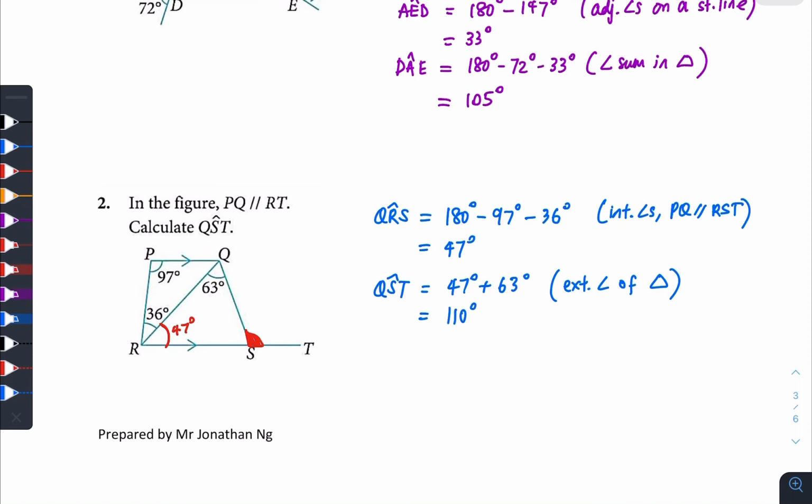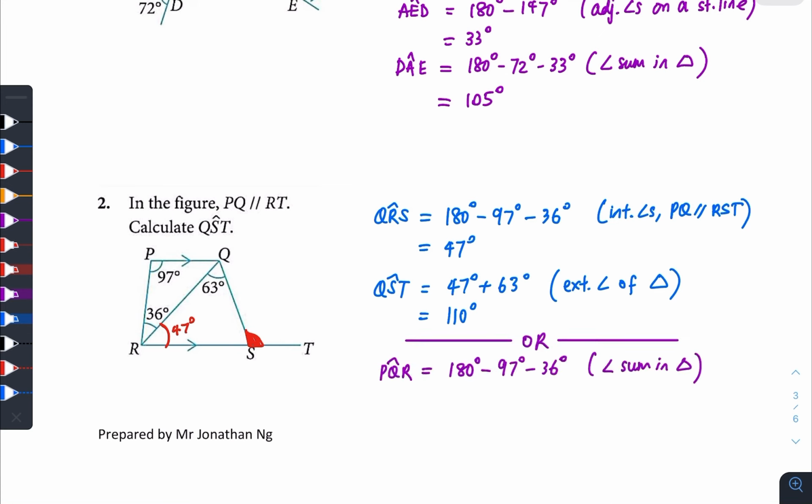Okay, now let's take a look at another alternative method where we can use PQR. We can take this triangle over here and we can look for this angle first, PQR. So 180 minus 97 minus 36 would give me this angle 47. Okay, and I can make use of alternate angles.